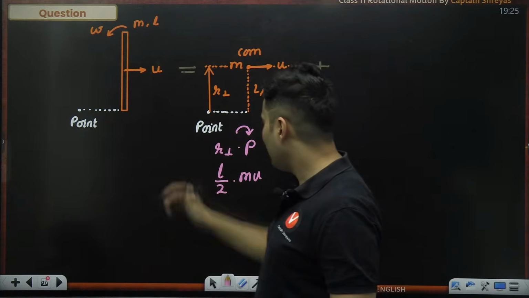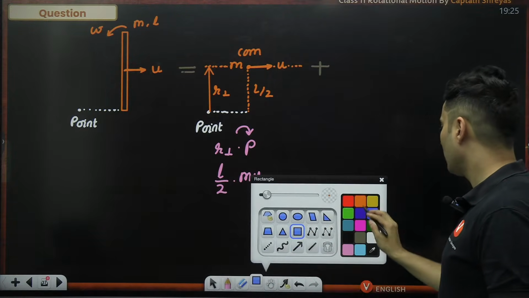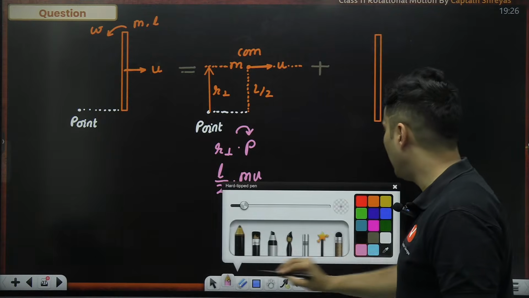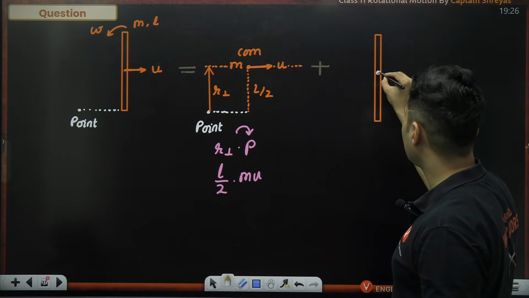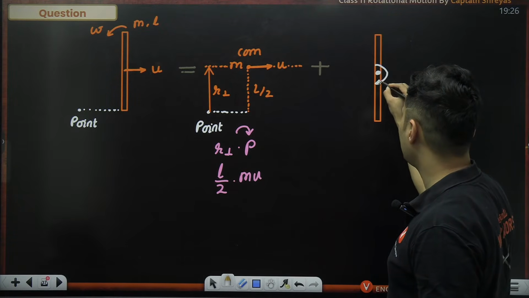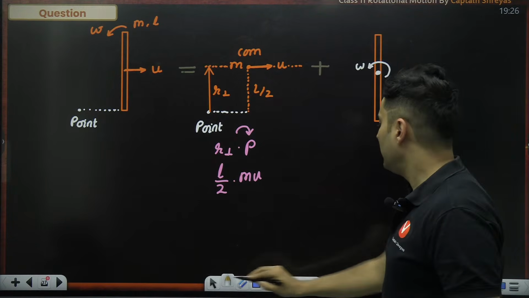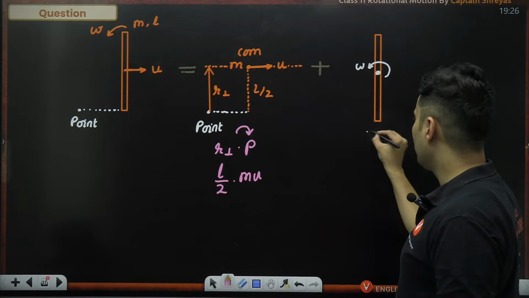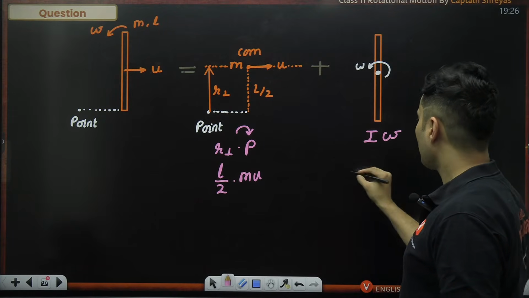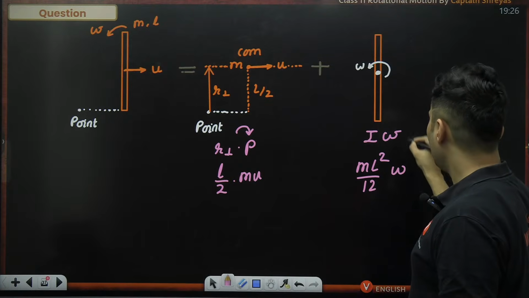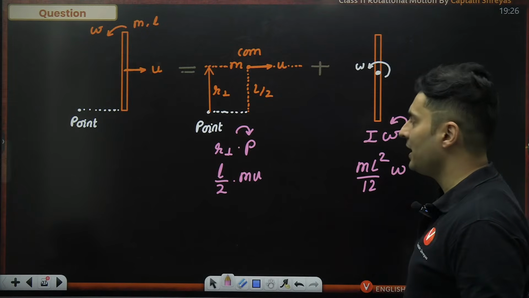If you take the entire rod and sit on the center of mass and see it spin, which direction is it spinning? Like this. Then the angular momentum, if you use the I omega formula, moment of inertia is ml square by 12, omega is omega, but this is anti-clockwise.